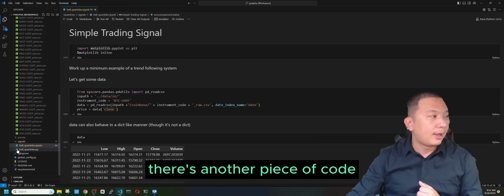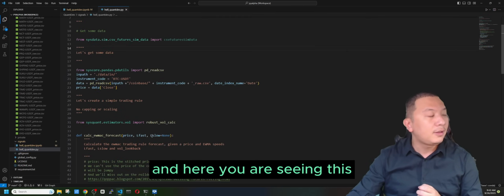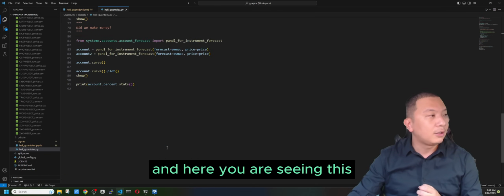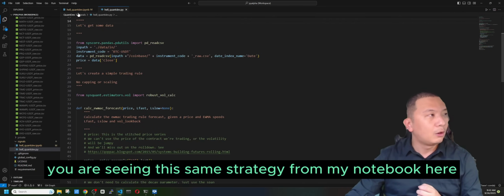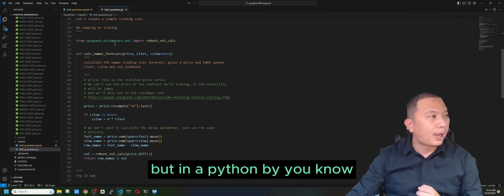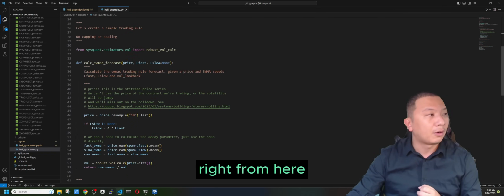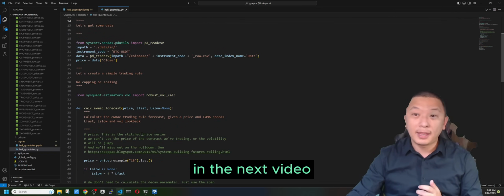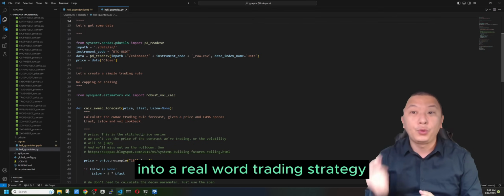But at the same time, there's another piece of code here, and you are seeing the whole strategy from my notebook, but in a Python function, a purely Python file. From here, in the next video, we will start converting these strategies into a real-world trading strategy.